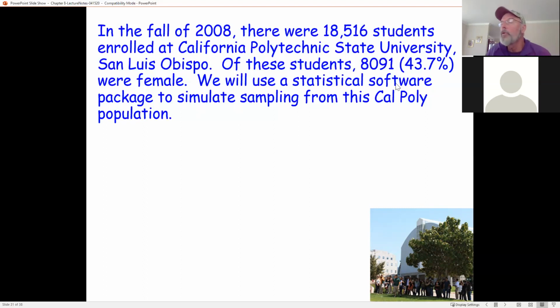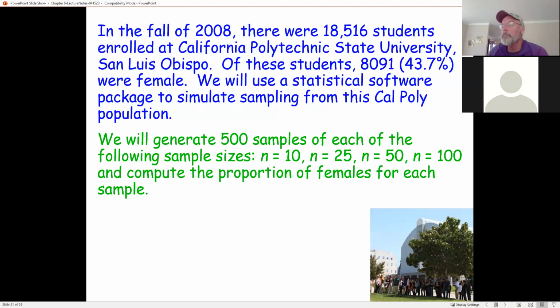Okay, so we're going to think about this. Cal Poly is the population, and this is the proportion of the student body that are female. So we're going to take the same sort of approach that we used a week ago, maybe, and generate 500 samples for each of the following sample sizes: 10, 25, 50, and 100.